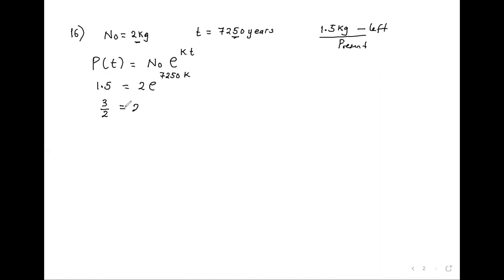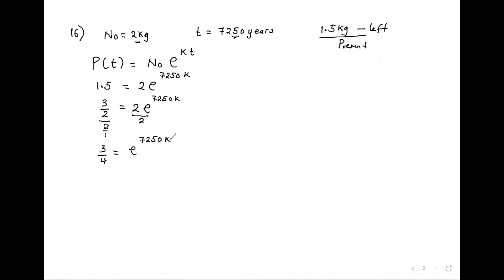So this is equal to 2e to the power 7,250k. Then if you divide by 2 on both sides, dividing by 2 this side is like dividing by 2/1, so if you switch from division to multiplication, we'll end up having 3/4 equal to e to the power 7,250k.